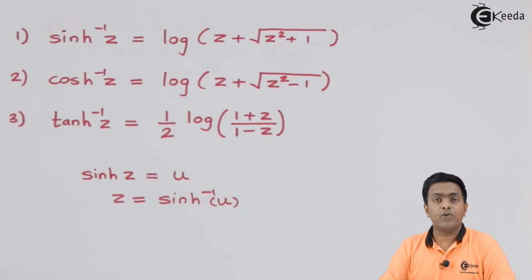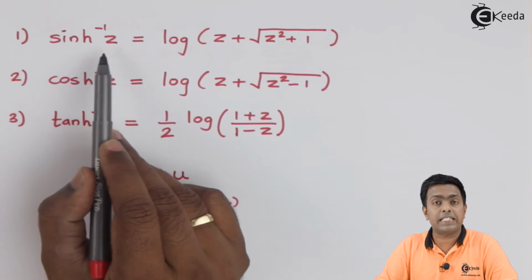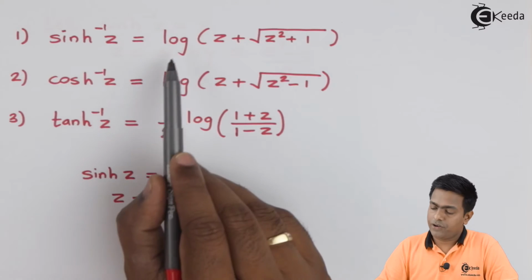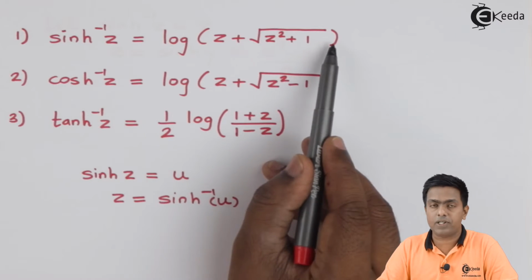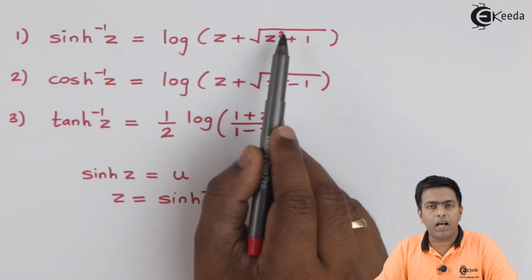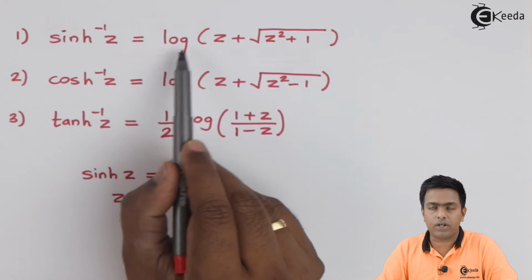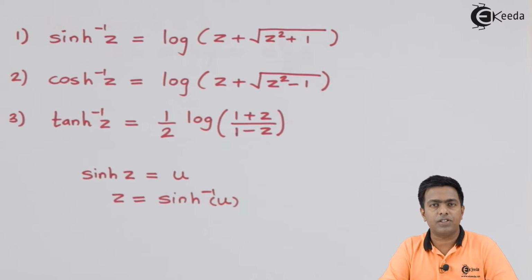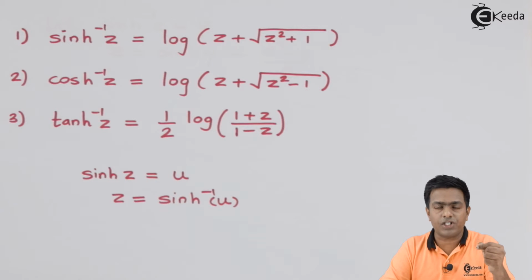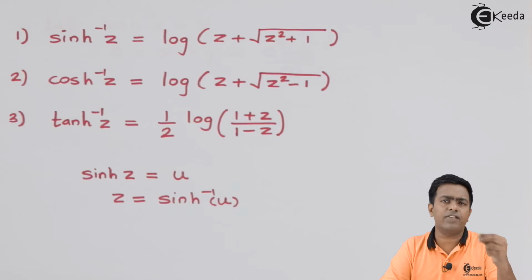Because if you see the formula of hyperbolic sine inverse z, the answer is log of z plus under root of z square plus 1. It means in the formula I should get a log term. And to get the log term, I am taking the exponential function. From the exponential function, it is very easy to derive the log term.